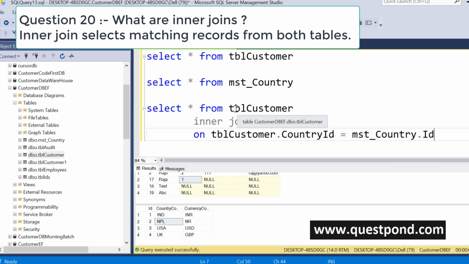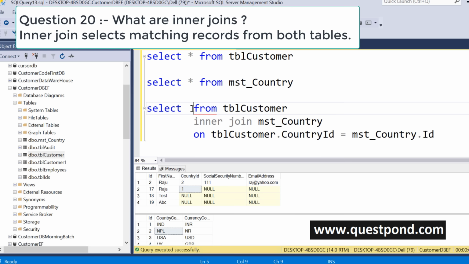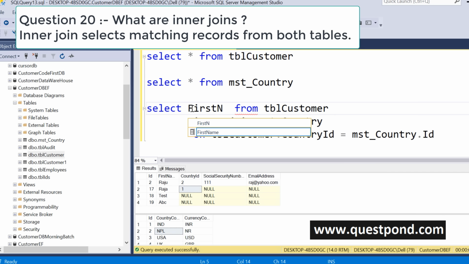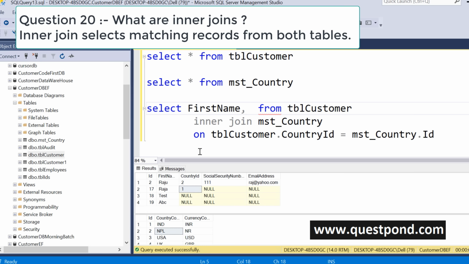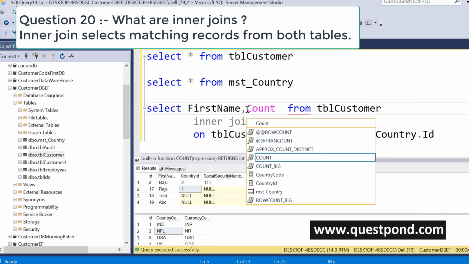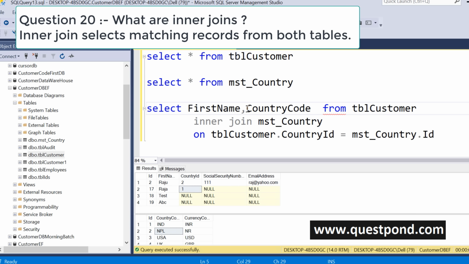And I will say that I want to select only the name of the customer, right? The first name from here, and from here I would like to select the country code, right? Country code. So let me execute this.